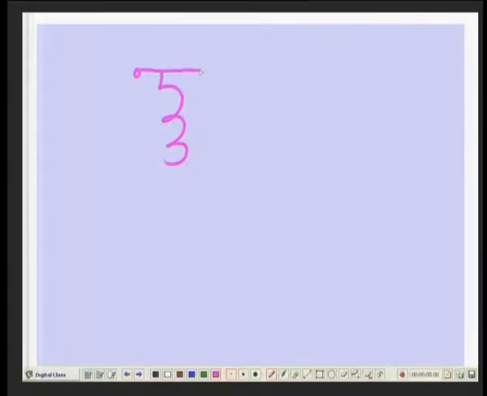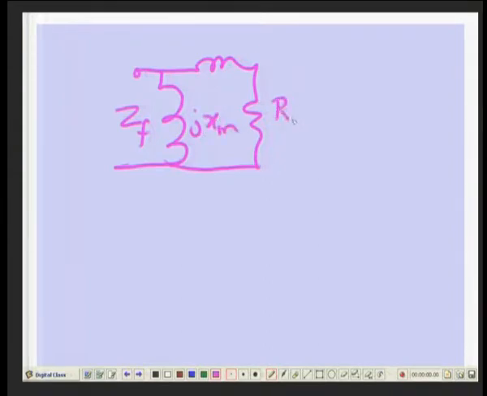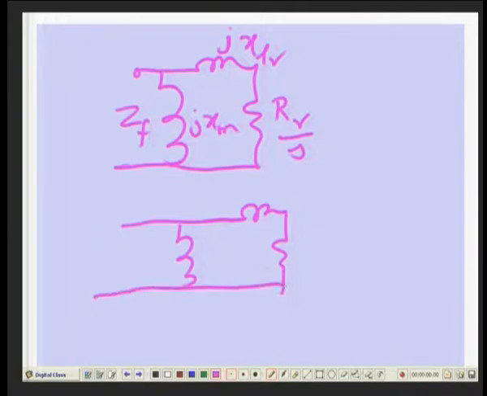ZF is JXM in parallel with RR by S plus JXLR, and ZB is the same thing, JXLR with RR by (2 minus S), and JXM.